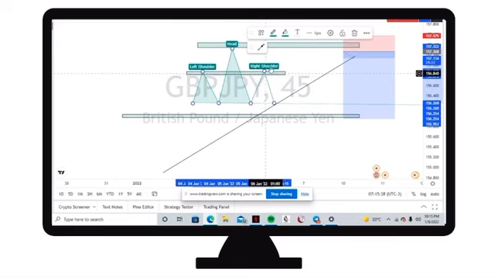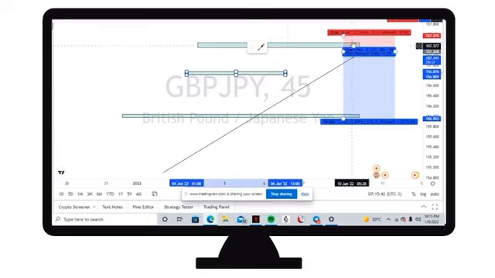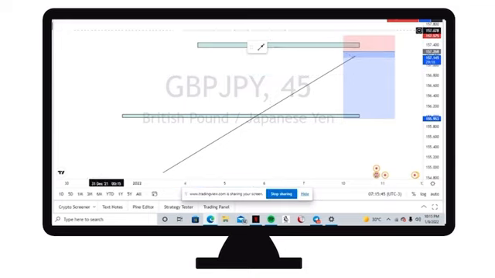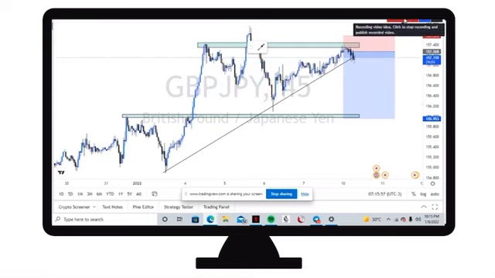So let me get rid of this. Okay, as you can see right now, price created a head, like I said, the highest part of the body, and this is the left shoulder.